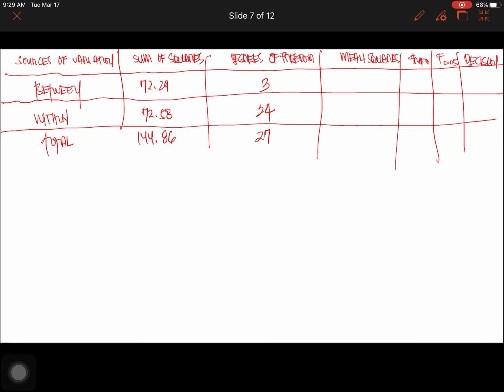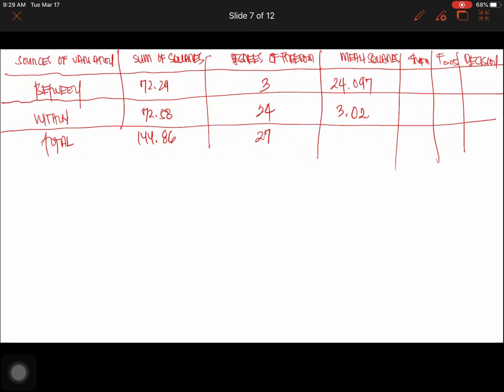For the mean squares is equal to the sum of squares divided by the degrees of freedom. So for the mean square between, we have there 72.29 divided by 3. It gives us 24.097. And then for the within, we have there 72.58 divided by 24.